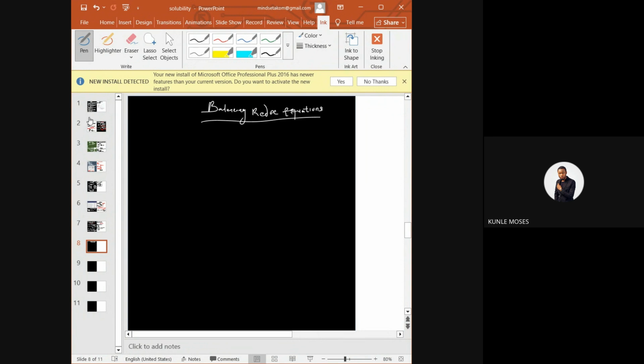So we have some rules here for balancing redox reactions, and I'll use one equation to explain the rules. So let's use zinc plus HNO3, nitric acid, giving zinc nitrate, Zn(NO3)2, plus NO2 plus hydrogen gas.